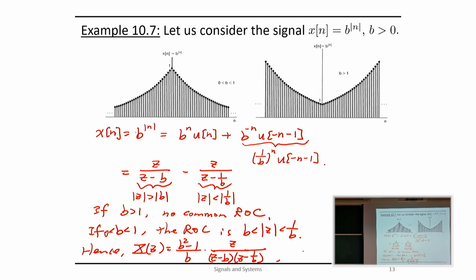Okay? And the ROC is z between b and 1 over b. So here, I'm just combining these two terms together. Okay. So you can see that there is a zero at 0 and two poles, one at b and one at 1 over b. Okay.